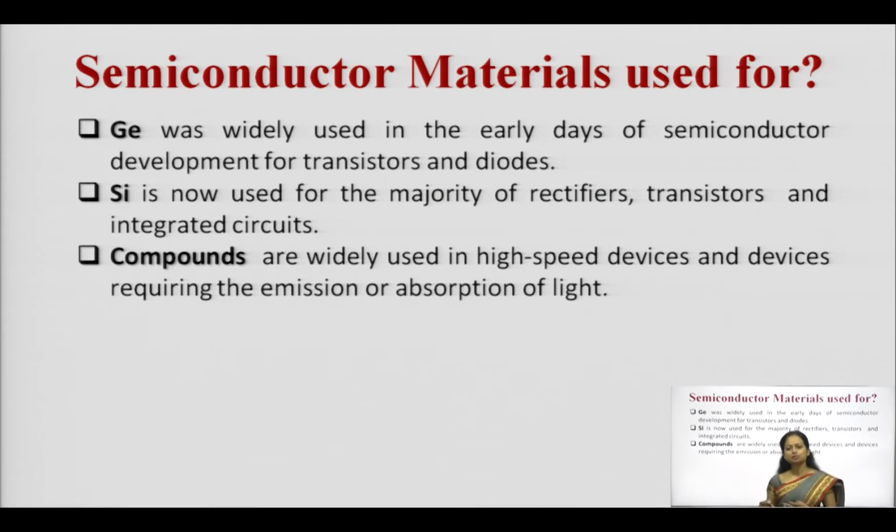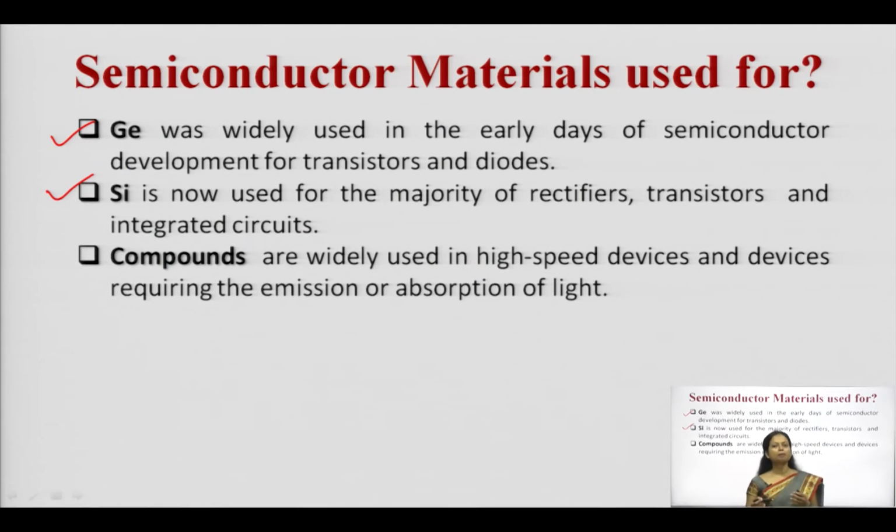But silicon and germanium, in most of the literature, you will find this statement: silicon and germanium are the commonly used materials for semiconductors. Germanium was widely used in the earlier days for semiconductor development, because of which transistors and diodes used to be fabricated. But silicon is the commonly used semiconductor material nowadays, and it is used in the majority of devices like rectifiers, transistors and integrated circuits.